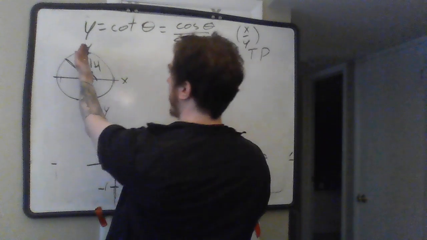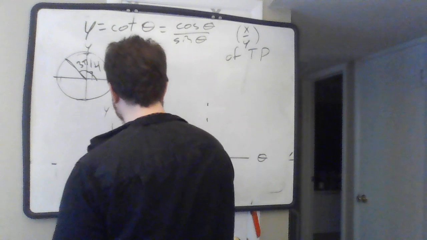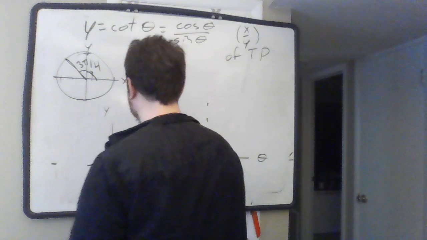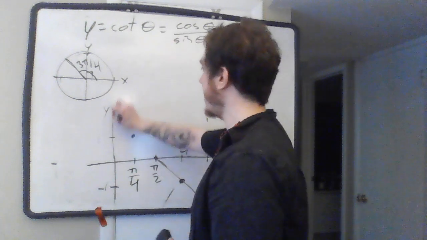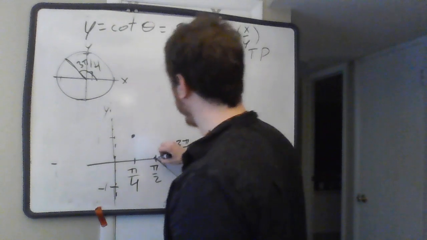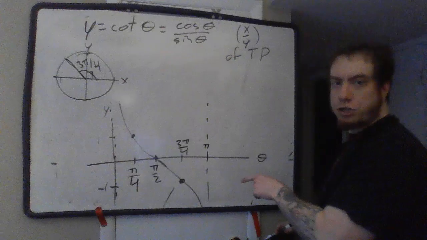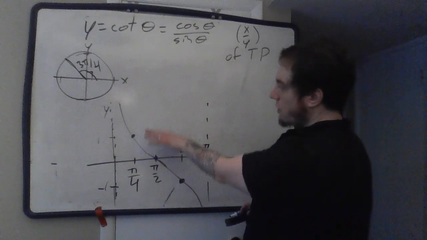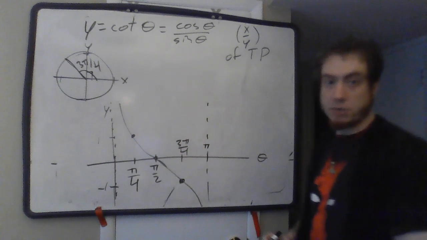What about if I start at pi over 2 and I start coming back this way? Well, at pi over 4, I'm going to go through the point +1, and then at 0, I'm going to have a vertical asymptote. So what I get looks kind of like the tangent function, except that it has been flipped upside down and shifted by pi over 2.